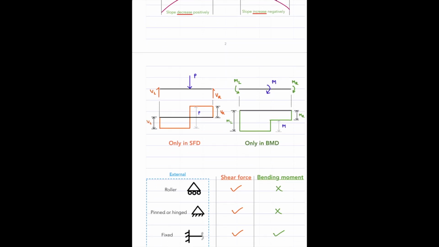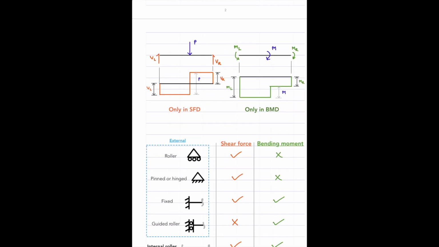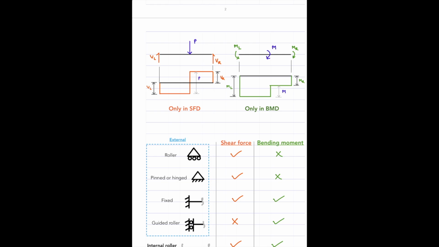But we also encounter concentrated loads, right? So if we come across a concentrated load like this, then there will be a jump only in the shear force diagram. This has no influence on the bending moment diagram. I mean, at the same location, you can't see any variation of bending moment.